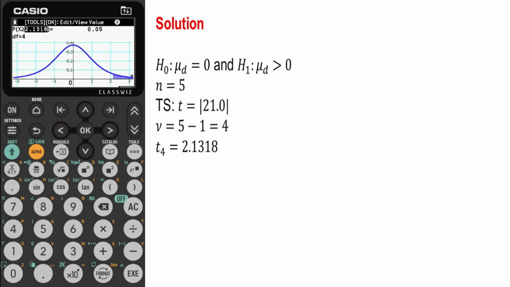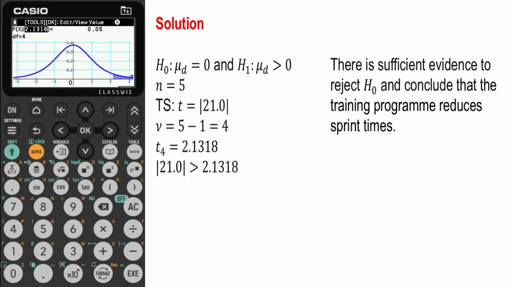You can see t with 4 degrees of freedom is equal to 2.1318. We can now compare the 21 with the 2.1318. We see that 21 is greater than the 2.1318. Therefore, there is sufficient evidence to reject H0 and conclude that the training program reduces sprint times.